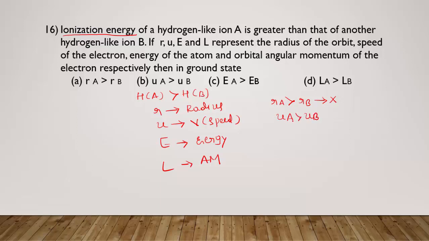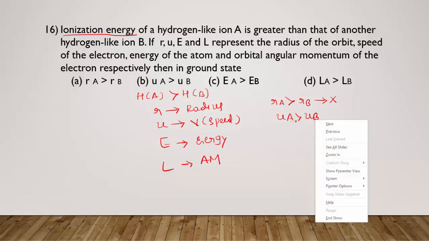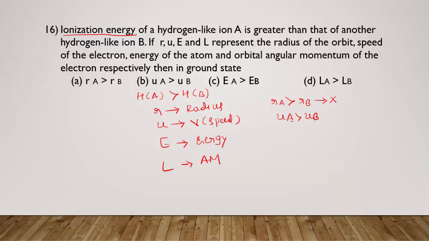Yes, here UA is greater than UB, because the speed of the electron of hydrogen-like ion A is greater than B. EA is greater than EB. No, this is also wrong. The angular momentum of the electron A is greater than B. This is also wrong. Here in this case UA is greater than UB. Option B is the right answer.